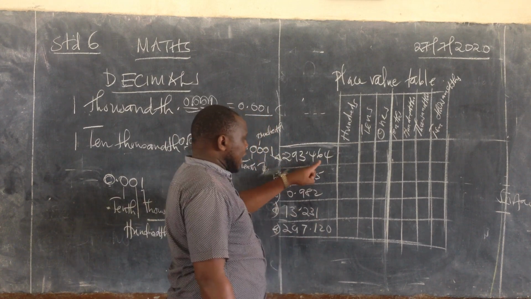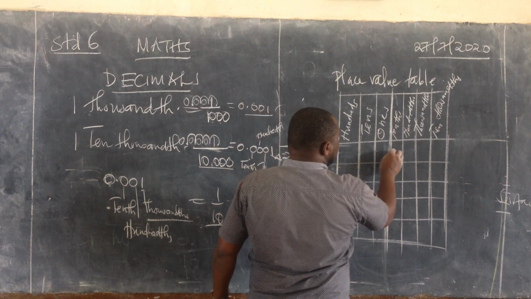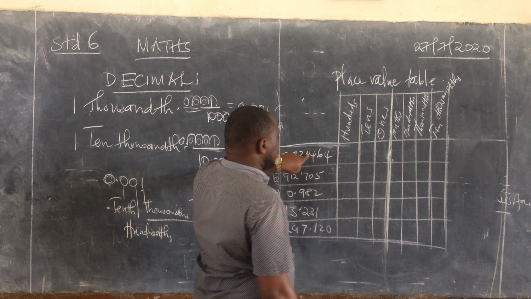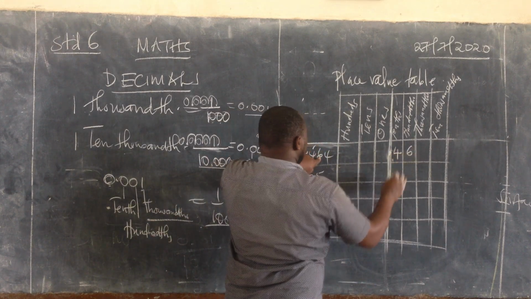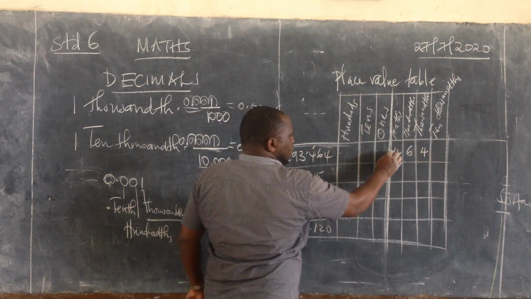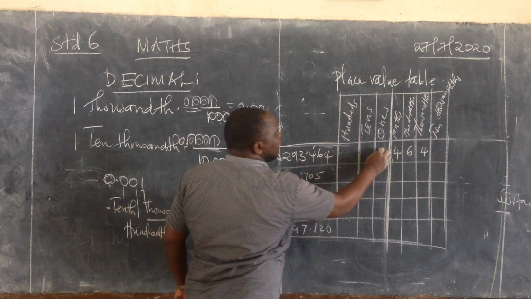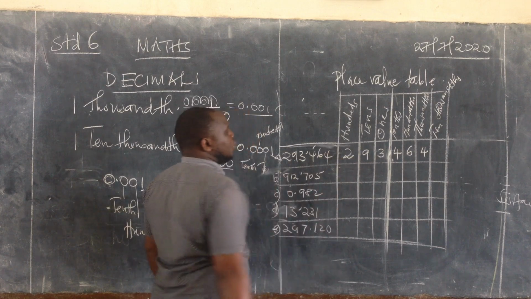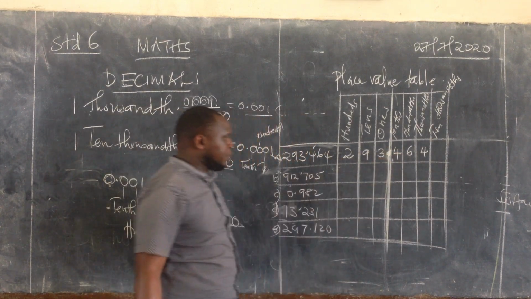If you want to write this well, learner, you begin from where the decimal point is. After the decimal point, the first digit is 4, the next is 6, and lastly 4. To the left-hand side of the decimal point, we begin with 3, what follows is 9, and lastly 2.